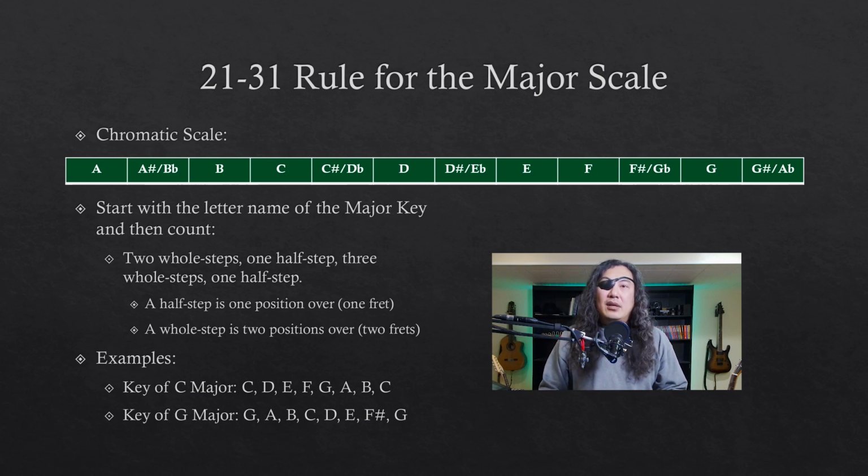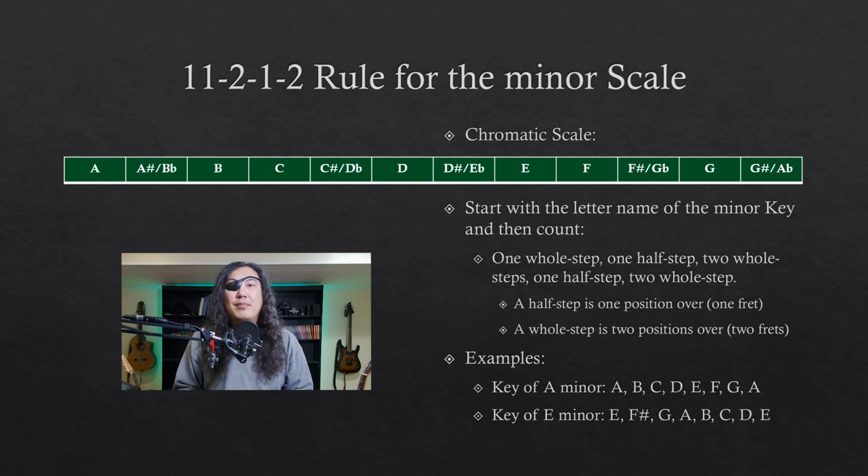The minor keys, to build a minor scale to correspond with whatever minor key that we're in, is a very similar approach in that we're going to move in a series of whole steps and half steps. This time we're going to use 11-2-1-2. The 11 represents 1 whole step, 1/2 step. 2 whole steps, 1/2 step, and then 2 whole steps to close out the scale.